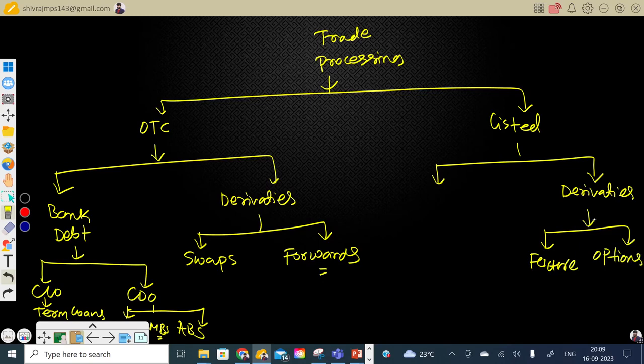Here you may see different products like stocks. Under stocks you may see listed stocks and non-listed stocks. Anyways, you may see different teams for each and every activity.